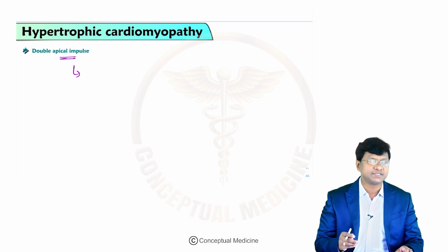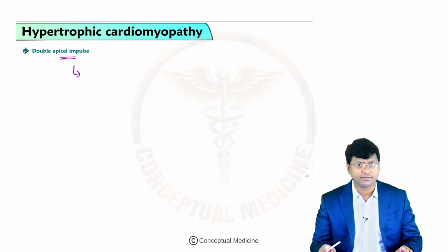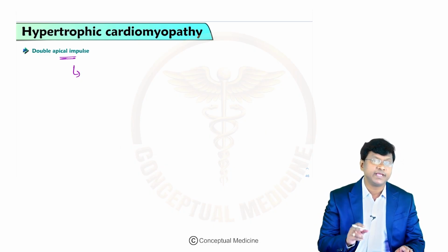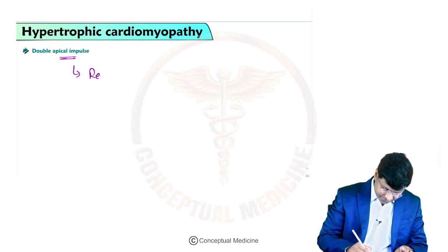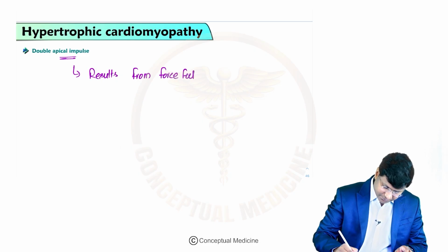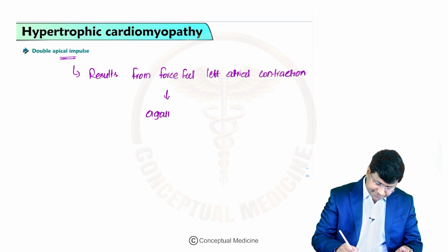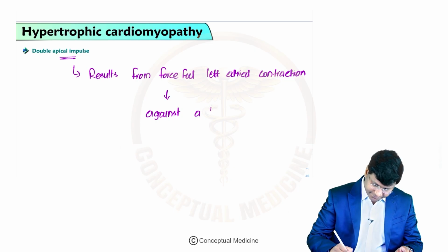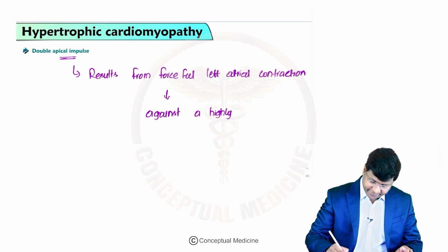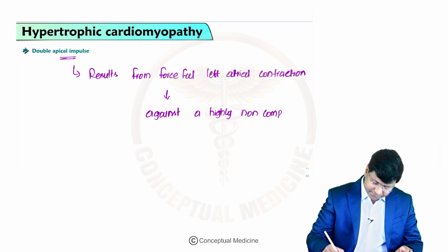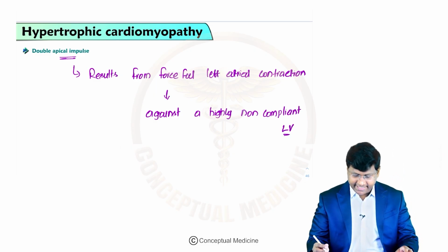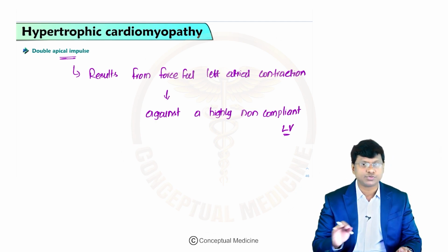One apical impulse is due to LV apical contraction, and the second one results from a forceful left atrial contraction against a highly non-compliant left ventricle, and that will result in what is called the double apical impulse.